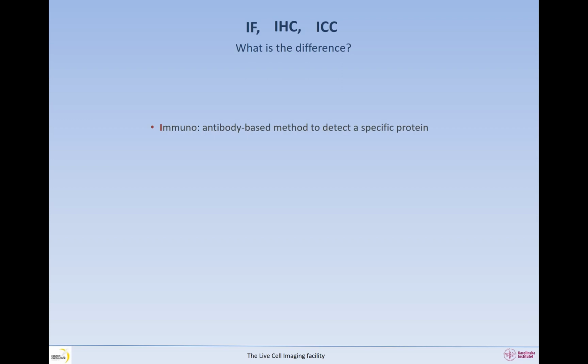So the I comes from the abbreviation immuno, and just tells us that it's an antibody-based method to detect a specific protein. So that's why there is an I in all three techniques: IF, IHC, and ICC. The H is a shortening of histo, and it means tissue.